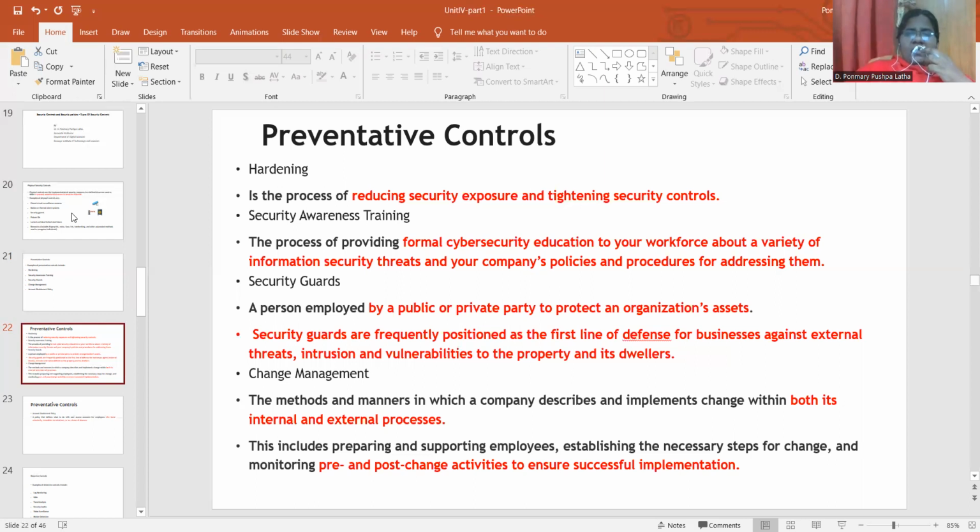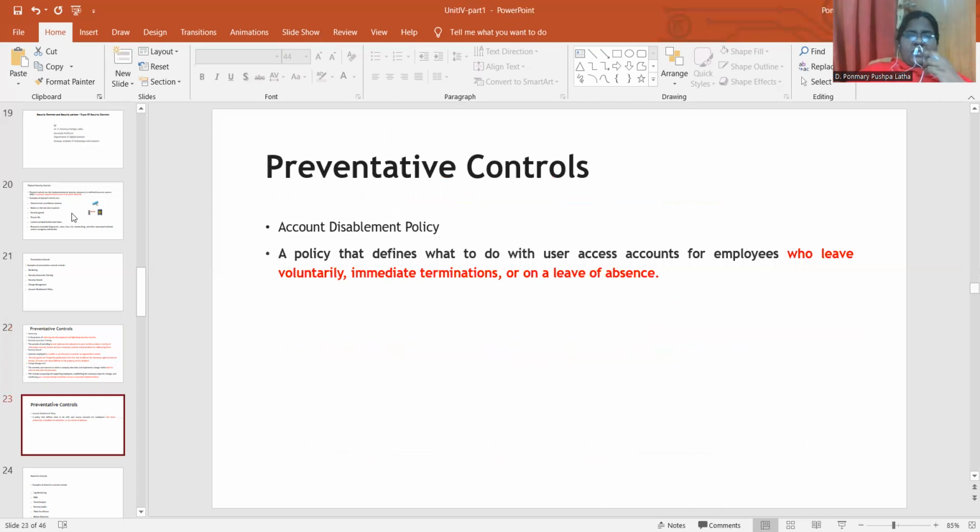Every private or public organization has a security guard so that people can be checked. Whenever a person enters the organization, they may be checked. Then change management can be within the organization as well as outside the organization.